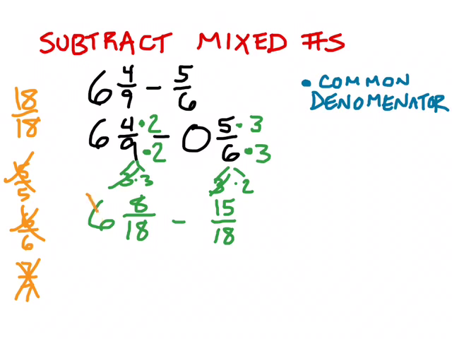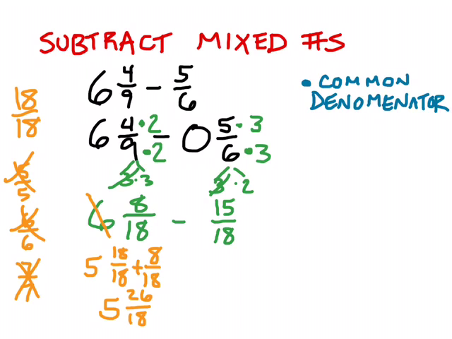So I'm going to take one whole away from my 6, and it will become a 5. And I'm going to take that 8/18 and add it to the 18/18 that I borrowed, which is going to give me a grand total of 5 26/18.